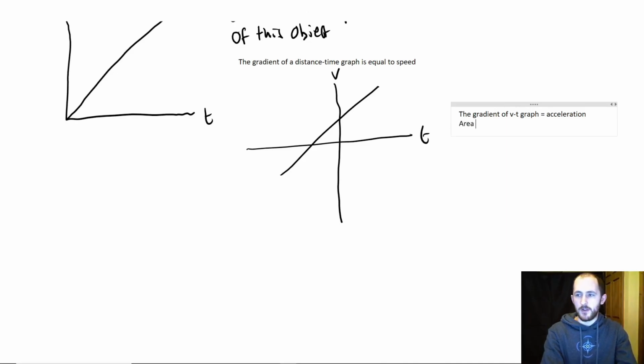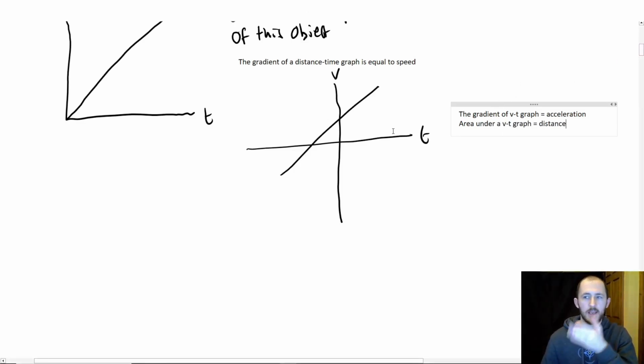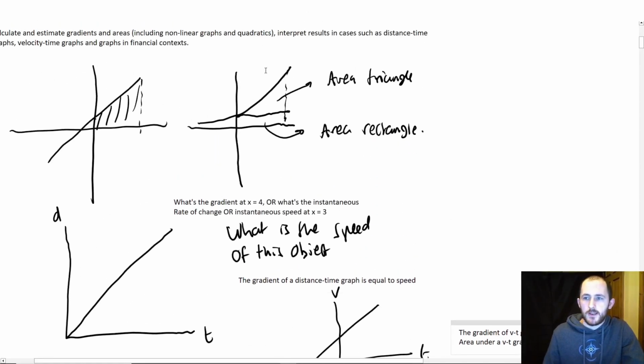Now, the area under a VT graph is just equal to distance. And the reason why, again, you can think about why the area gives you distance if you'd like. Is that all okay? And again, keep in mind, these graphs could look like a curve.